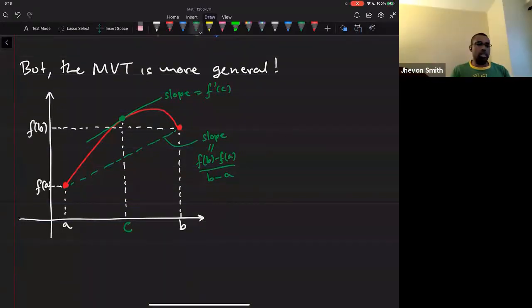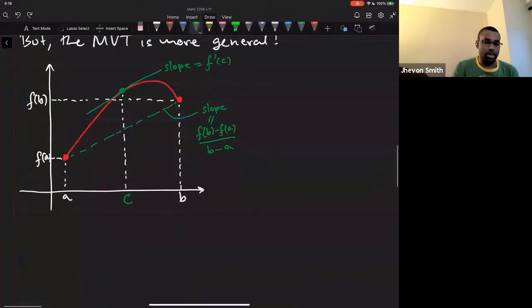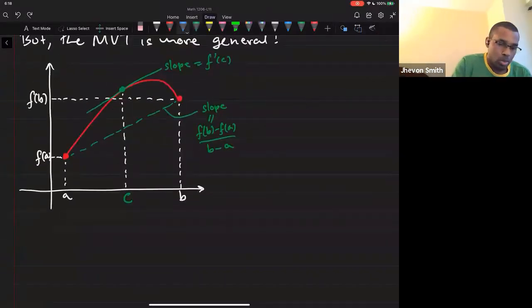So there's a point C in the middle where the slope at that point, like here, is the same as the slope of the average rate of change. Like they'll both be parallel lines, right? That's supposed to look parallel. So what you'll notice between these two, it's the same value.